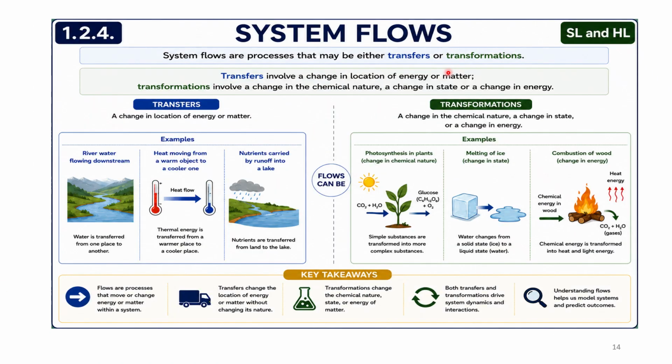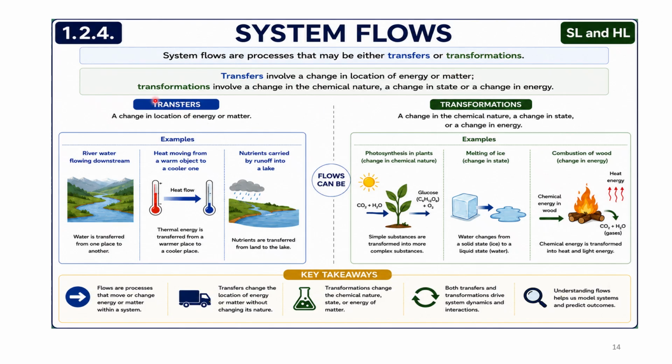System flows. System flows are processes that move energy or matter within or between components of a system. These flows are classified into two categories: transfers and transformations. Transfers involve a change in the location of energy or matter without changing its form or nature.